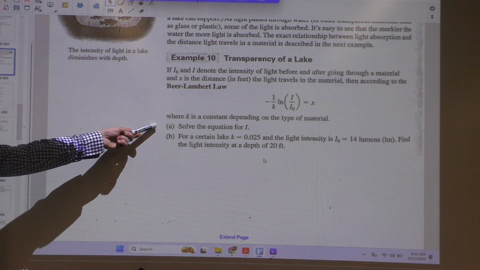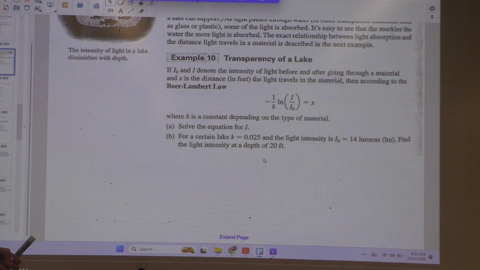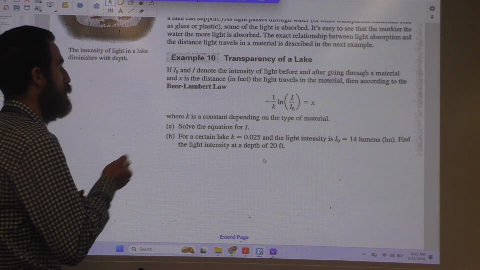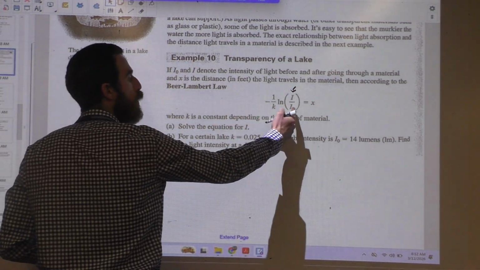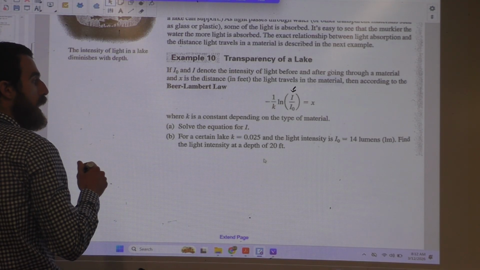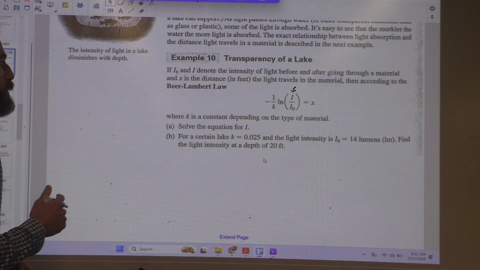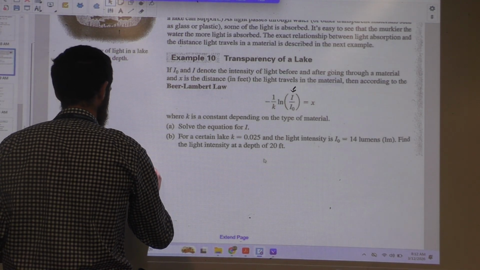In the first part, k is a constant, x is the distance or could be the depth, and they're telling me solve for I. So I'm solving for the variable right here, and I need to move over the other terms and factors of the equation. So I'm going to rewrite.